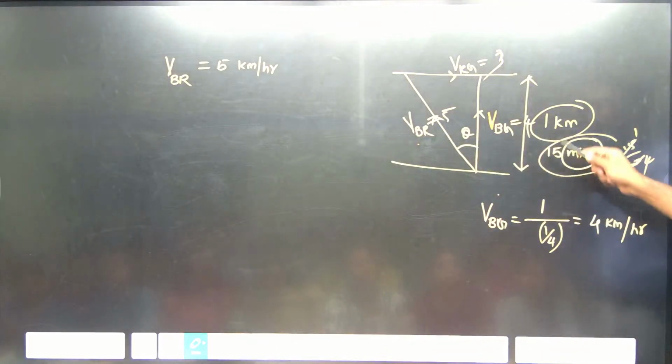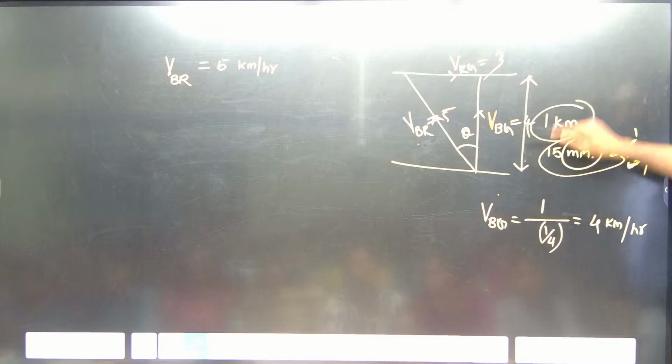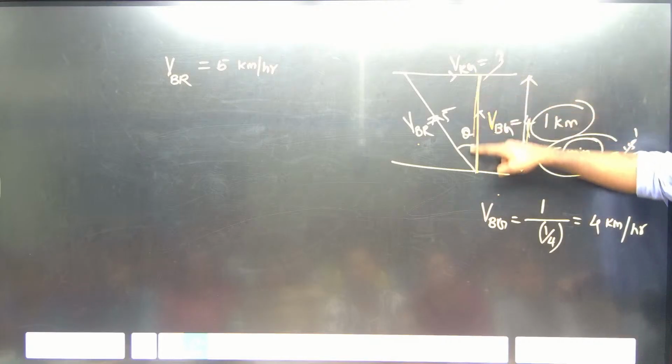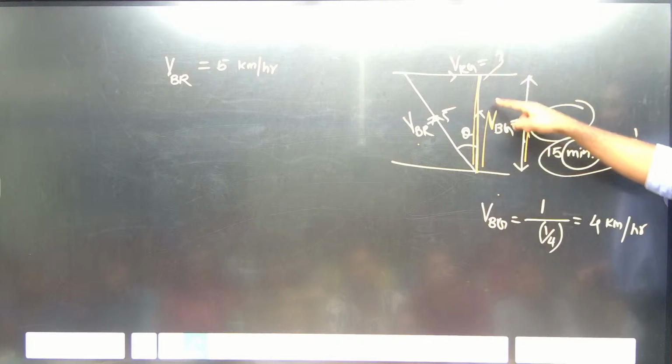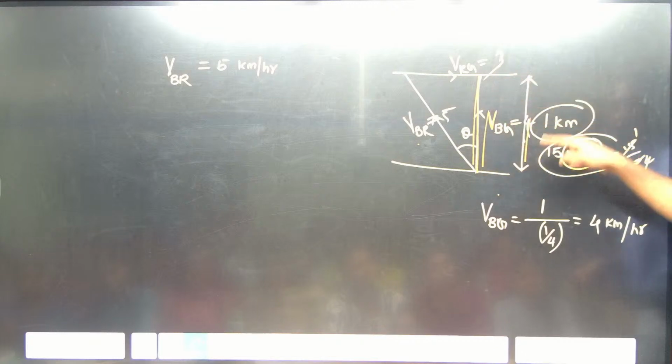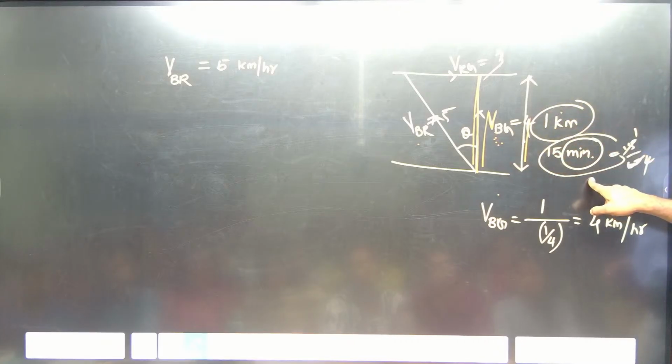They have given that the width of the river is 1 kilometer. How much time has been taken? 15 minutes, which is nothing but 1/4 of an hour. This is the velocity in this direction. For this direction I am talking: this direction has the kilometer, and it has the time also. Can I find the velocity? Distance I know, time I know.